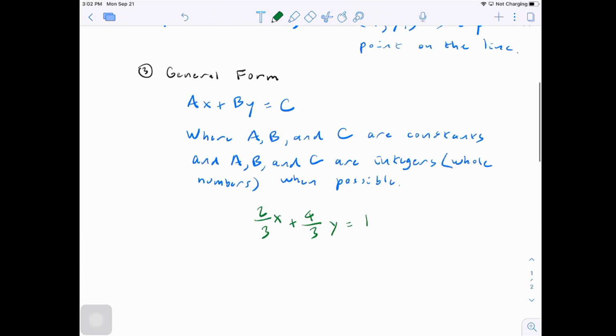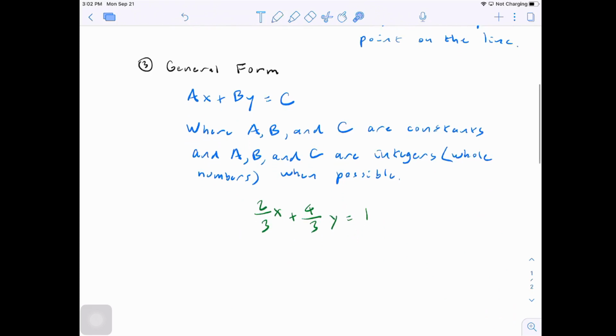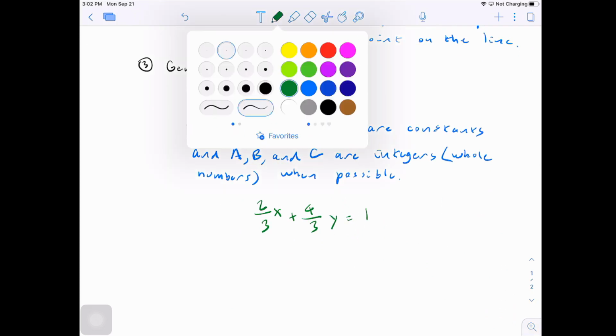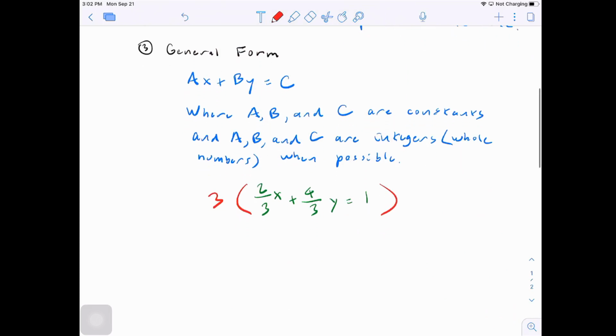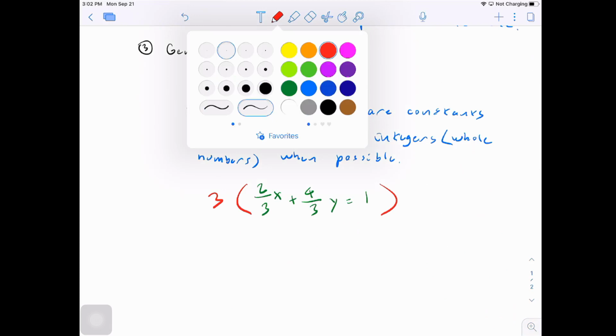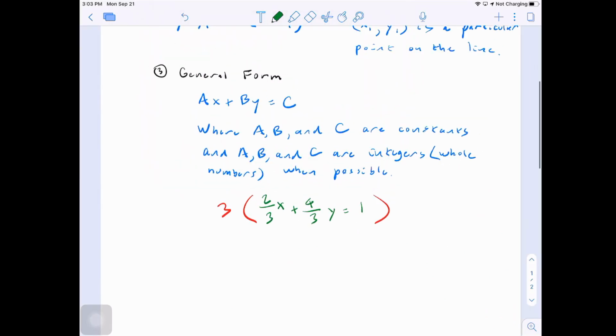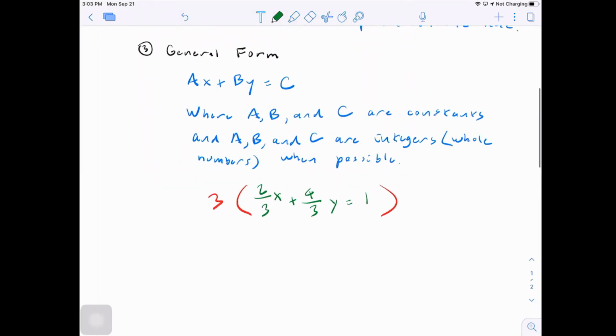We can write this such that a, b, and c are constants, right? So what we would do in this case, let's multiply the entire equation by 3. So let's distribute that 3 through the entire equation. We're left with 2x plus 4y equals 3.